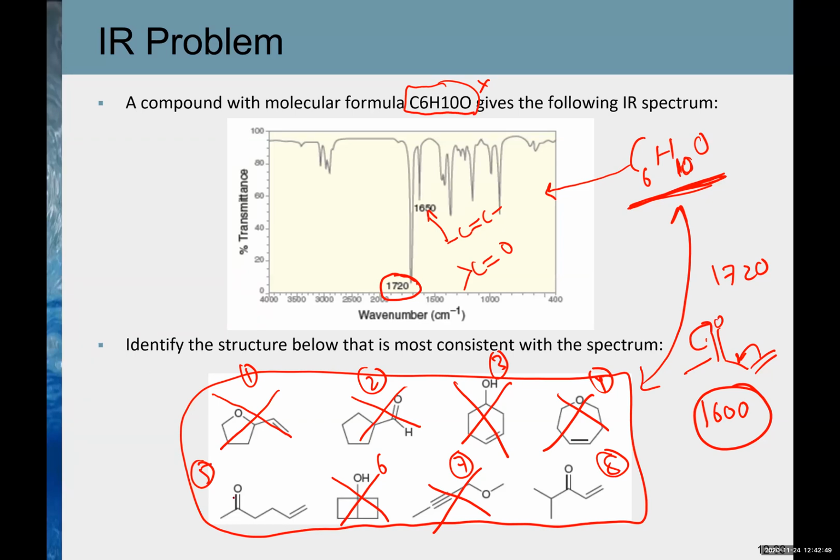Out of 5 and 8, is there any one which gives resonance? 8 gives resonance. So that means 8 is out. So the correct answer is 5. Okay. So any question about this problem?